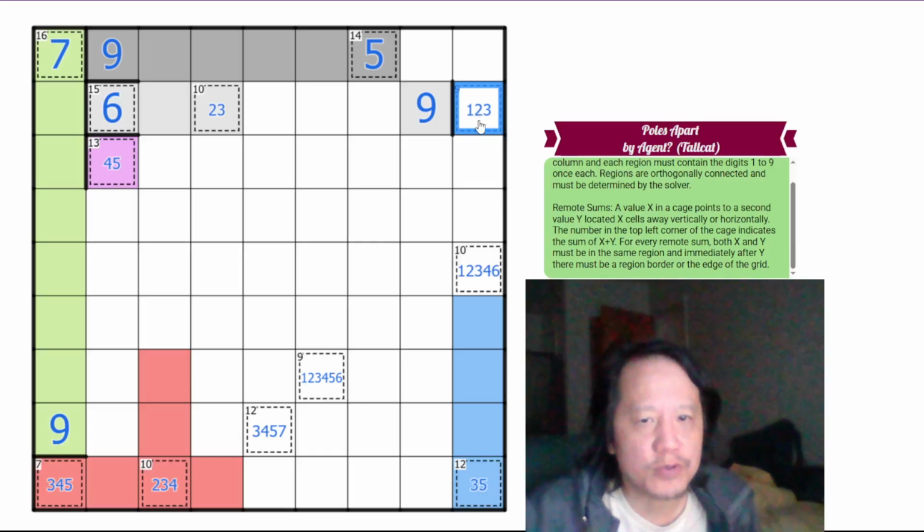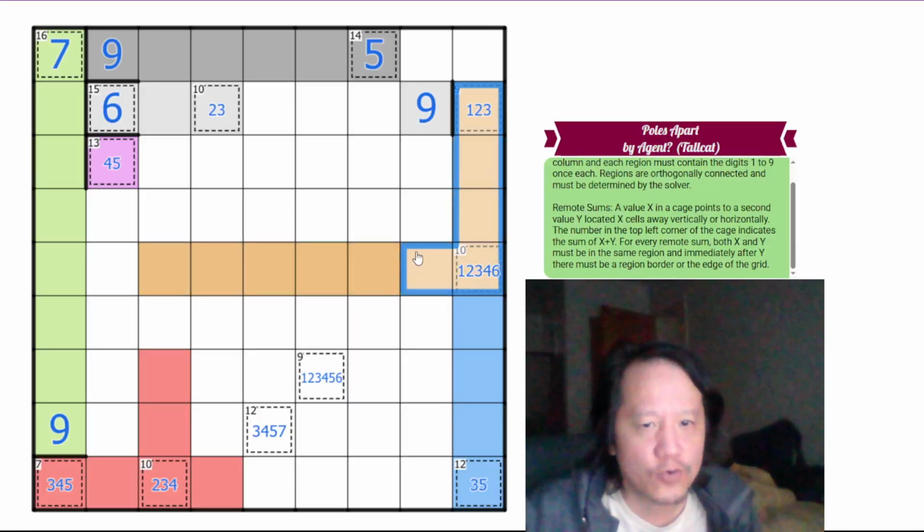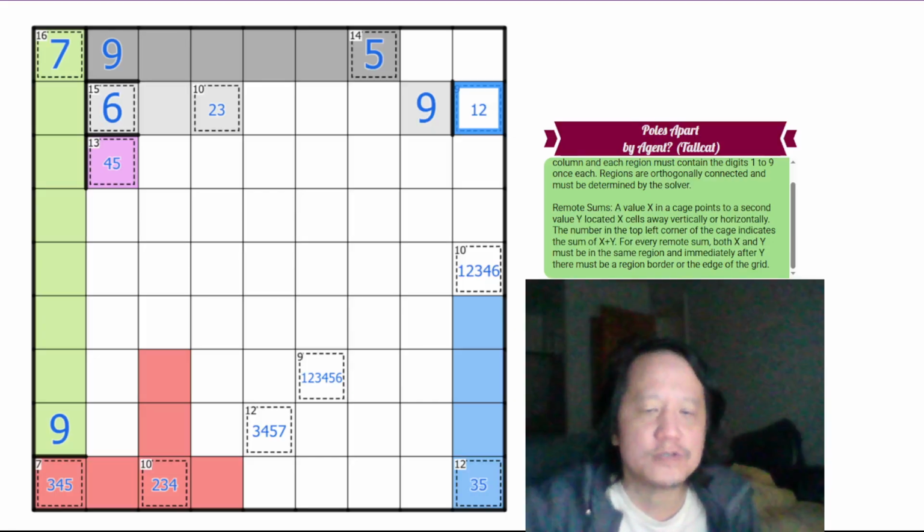So can it go 3 away? 1, 2, 3, this would have to be 6. So 1, 2, 3, 4, 5, 6 as a whole region. So that's 1, 2, 3, 4, 5, 6, 7, 8, 9, 10. No, that's not allowed. So this can't even be 3. This is 1 or 2.